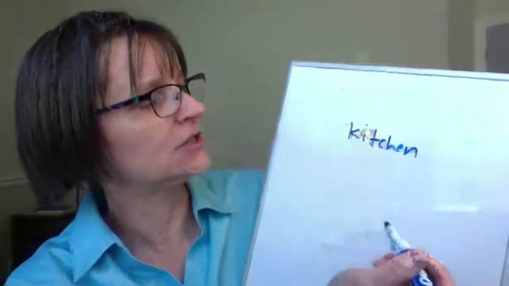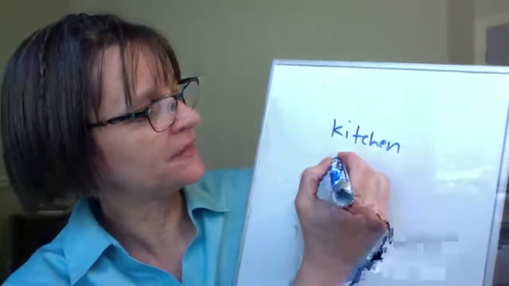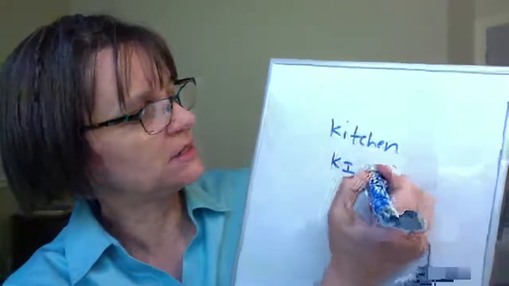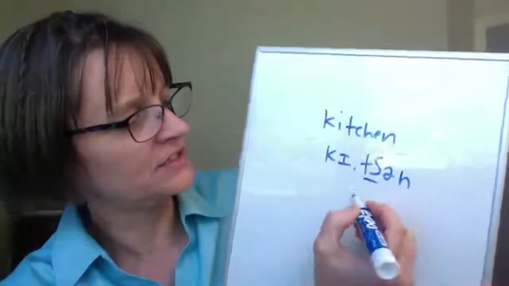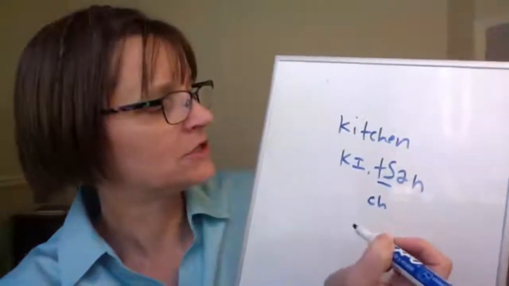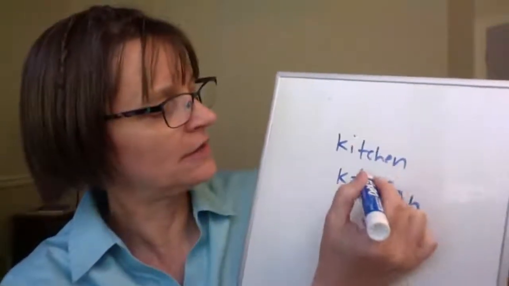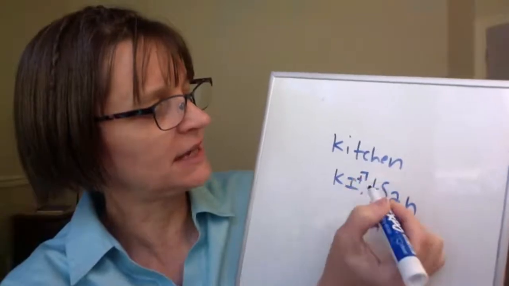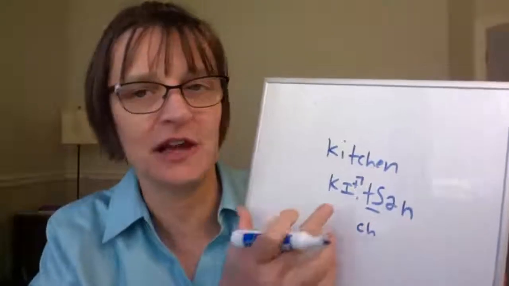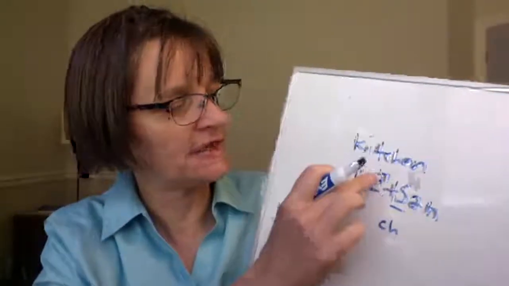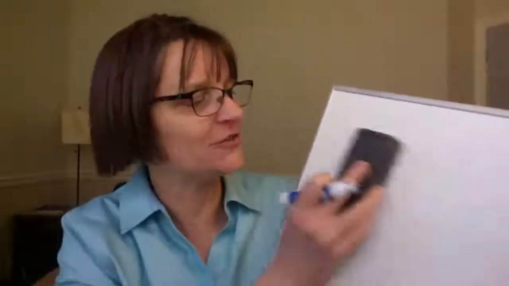I say kitchen, kitchen. So I think I don't really do much of a T. I think I do kitchen with my break there and a CH sound. My T, if I do a T at all, it's kind of a stopped T. But because when I'm saying it fluently, there's not really much of a break there. I think that T is either silent, stopped, or dropped out entirely, and I just do the CH sound.